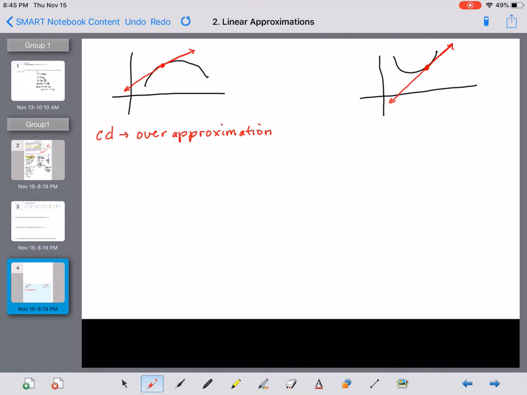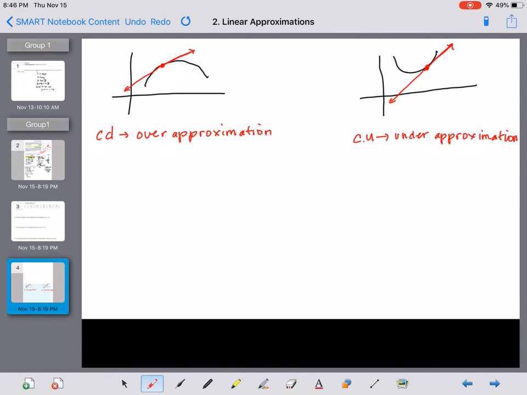Any value that we plug into that red line or tangent line is going to be an under approximation because it's underneath our function. So if we're concave up, that means we have an under approximation. Okay, so that lets us know whether our approximation is going to be over or under. It's going to be based on the concavity of the function that we're dealing with.